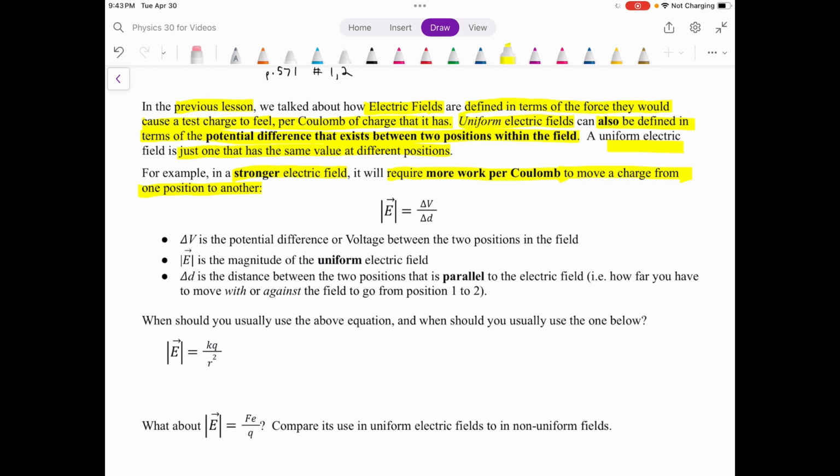We'll think about this here in a second, but let's just look at the equation because the equation backs that up. The electric field, as long as it's a uniform field, can be defined and quantified as the potential difference per unit of distance that you've actually moved within that electric field.